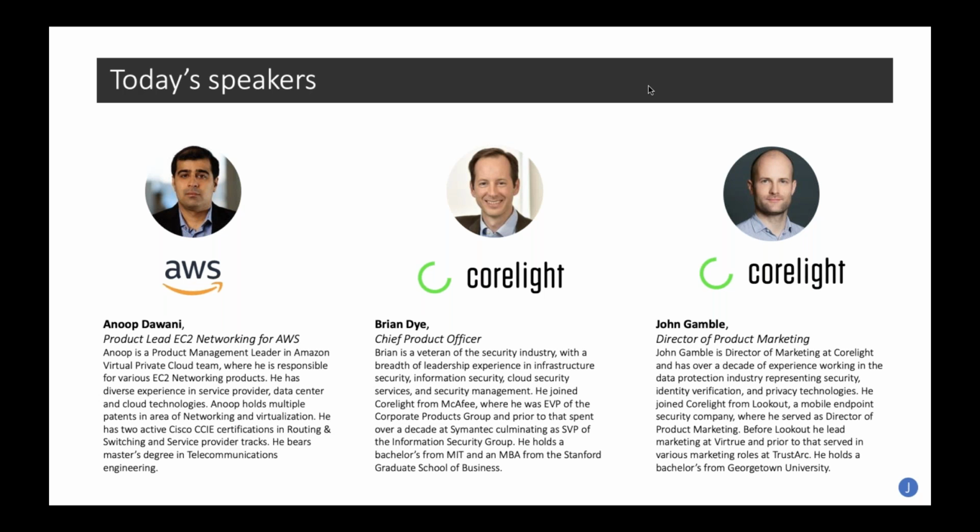Brian Dye, our Chief Product Officer here at Corelight, is a veteran of the security industry, and he has a breadth of leadership experience across domains like infrastructure, security, InfoSec, cloud security, and security management. Prior to Corelight, he came to us from McAfee, where he was the Executive Vice President of the Corporate Products Group, and prior to that, spent over a decade at Symantec, culminating as SVP of Information Security Group there.